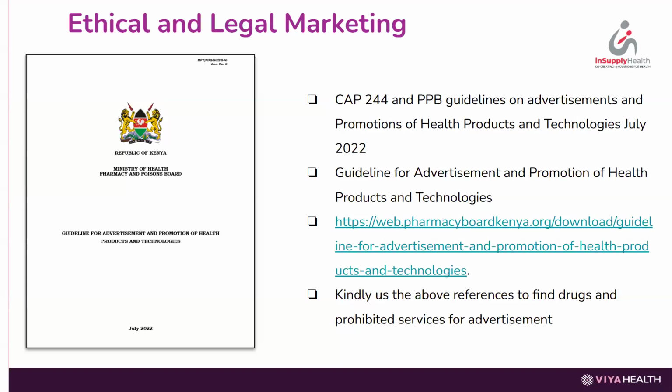This particular guideline provides you with what type of information you are able to share in the digital space, and what you should not share. Therefore, at your convenient time, you can visit the PPB website and search for the Guideline for Advertisement and Promotion of Health Products. You'll be able to go through that.